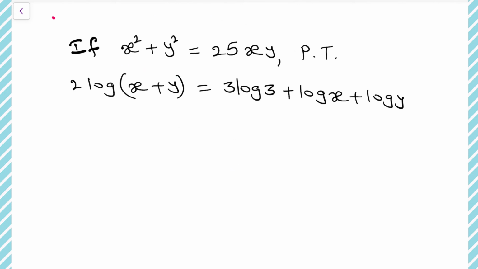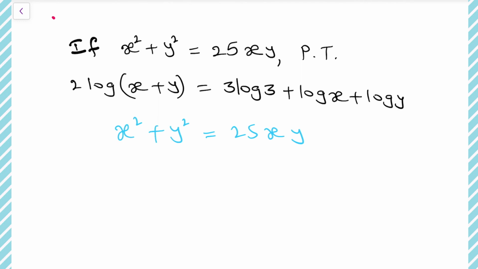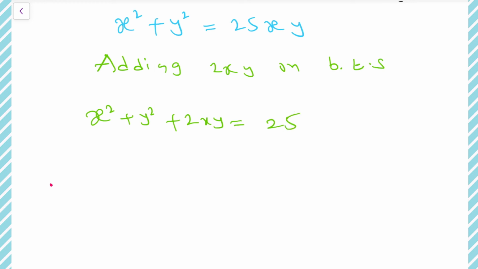Okay, let us take that equation whatever he gave. x square plus y square equals 25xy. So in this total we will be having positive terms only, so we need to add 2xy on both the sides. So then what will it become? x square plus y square plus 2xy equals 25xy plus 2xy.